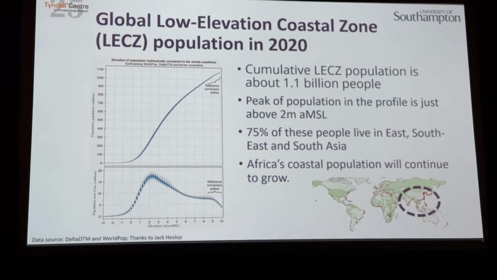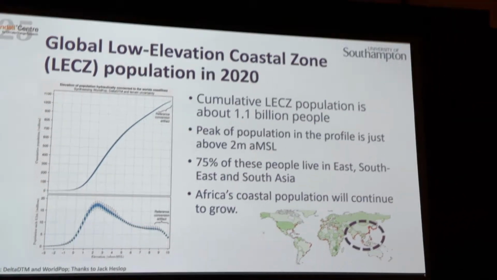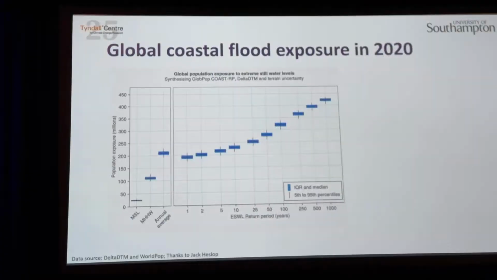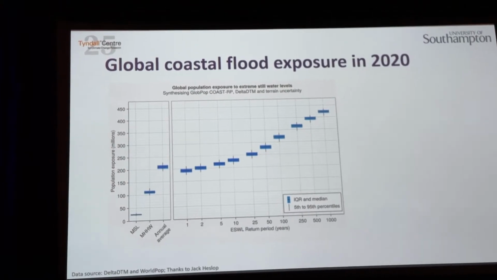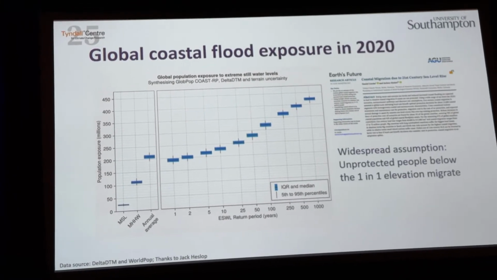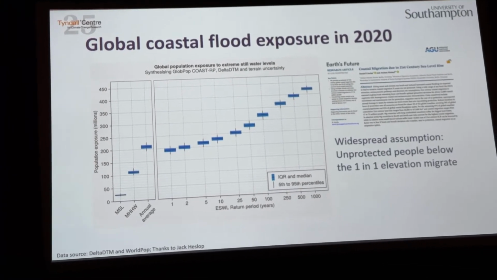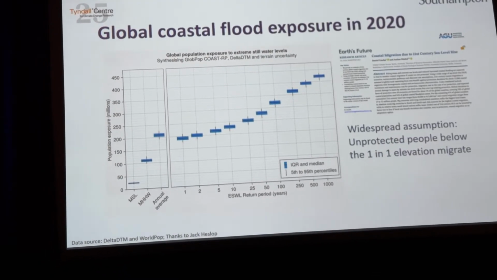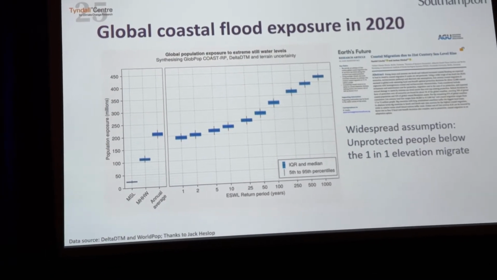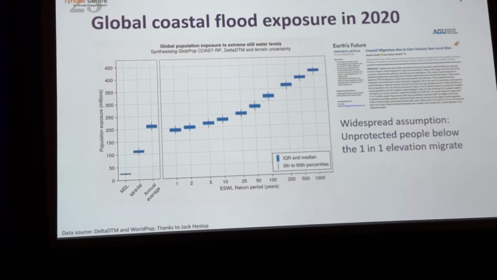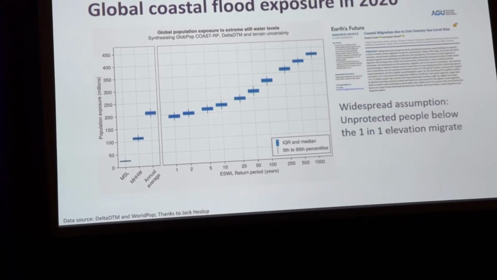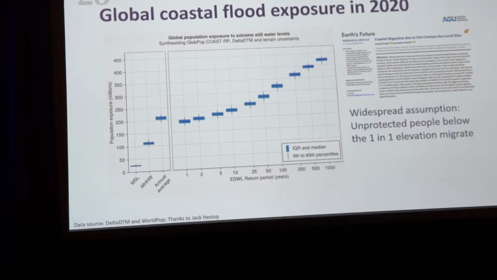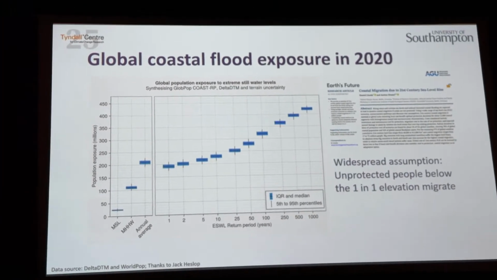And then Africa's population, I'm not talking about projections here, but we've done the frequent return here is the one, and then the high tide and the mean sea level. A widespread assumption in people modeling human distribution is if people are unprotected and they live below a 1 in 1 year elevation, they move. So those are the people that migrate.